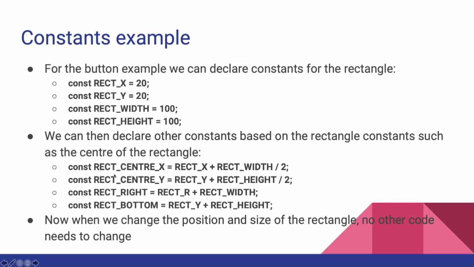And I can compute other constants based on these other constants. So I can take a lot of the maths that I might otherwise be doing inside my draw function, for instance, and take it outside and do it once in a convenient place and make lots of handy, convenient names which really describe their purpose rather than having lots of just raw numbers scattered through the code.